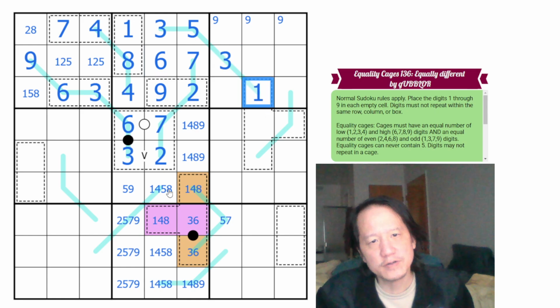3, and this is 1. So we have 4, 3, 2, 1, and 5. So this has to be a difference of at least 6.